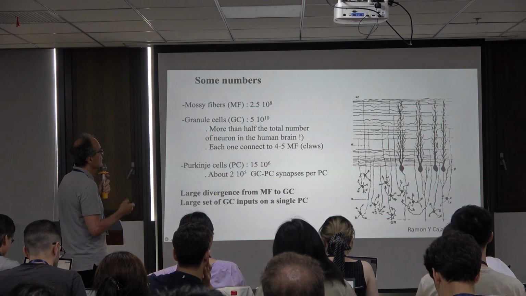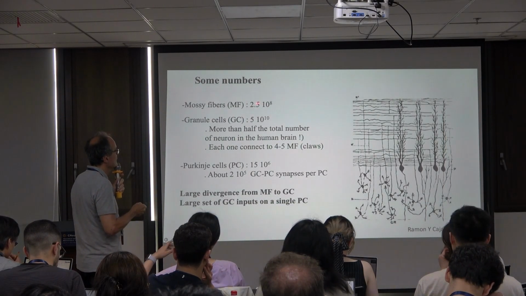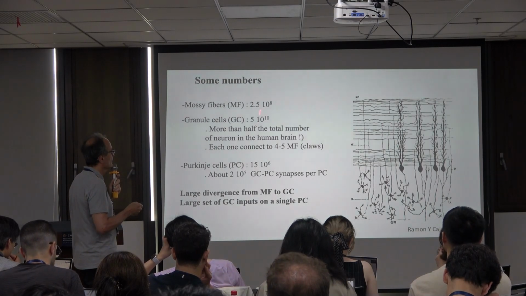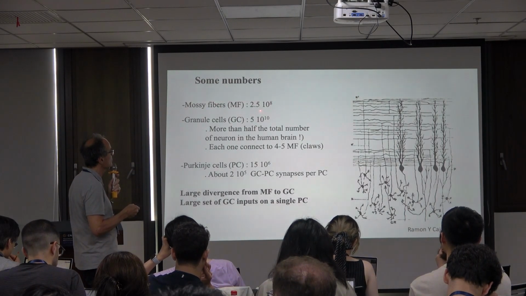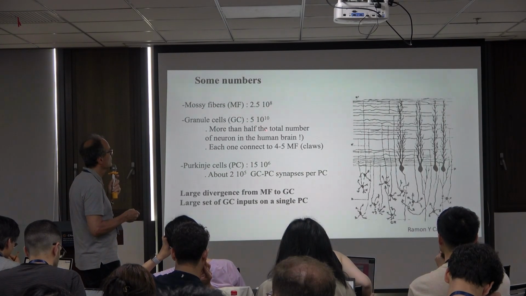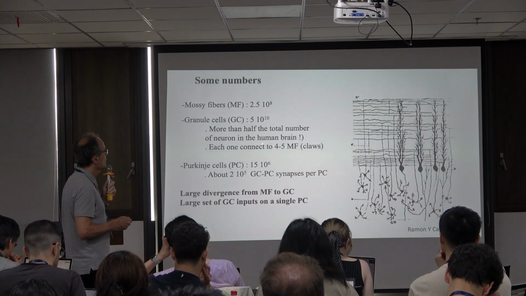So here, basically, you amplify this by more than 2 orders of magnitude. And the granule cells, I was saying, are very numerous, and they are more than half of the total number of neurons in your brain.